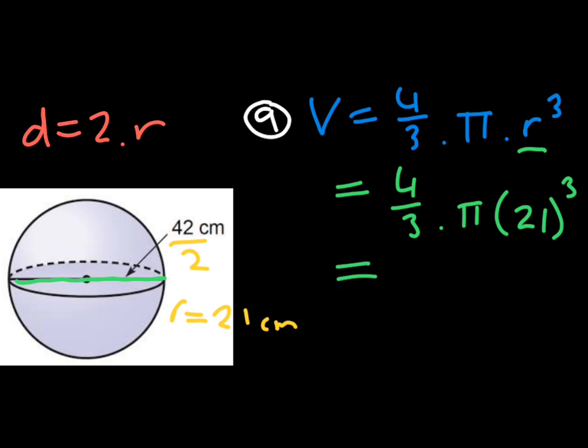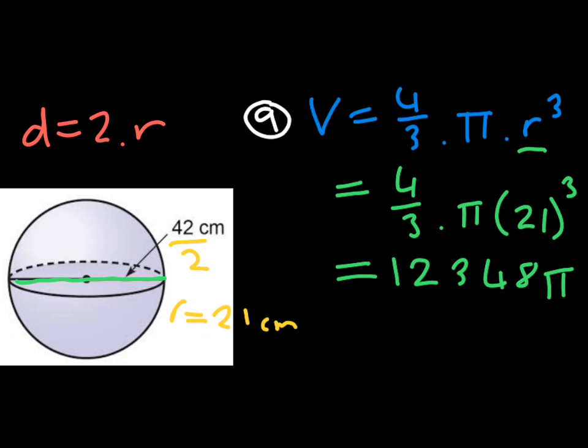Now we can type this into our calculator, and we should get that this is equal to 12,348 pi. Now remember, pi is just another number, so this can be simplified even further, but we need to remember that pi is an infinitely long number, right? It's got infinitely many decimals.